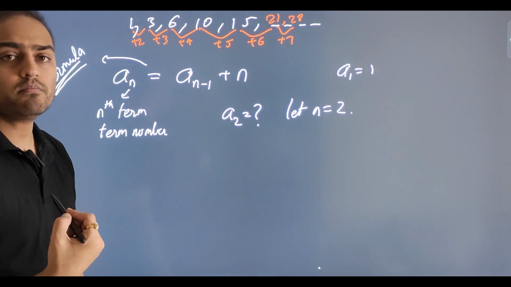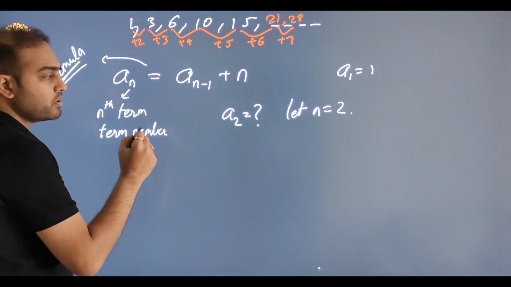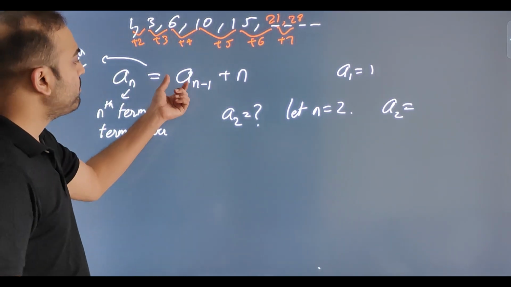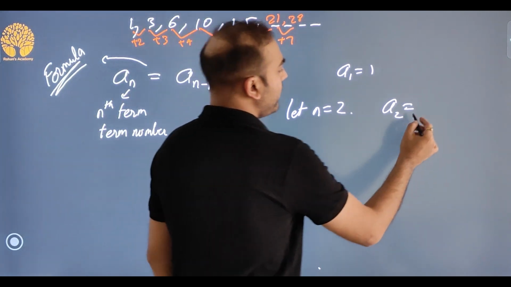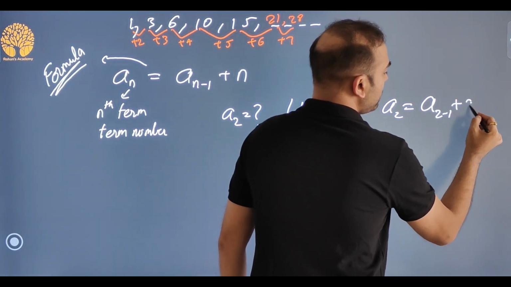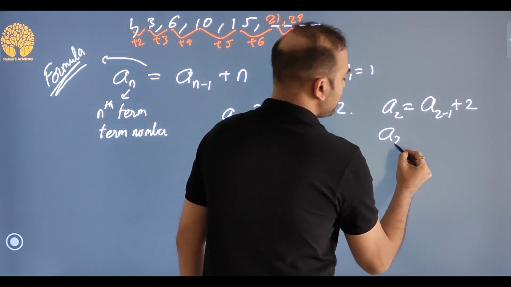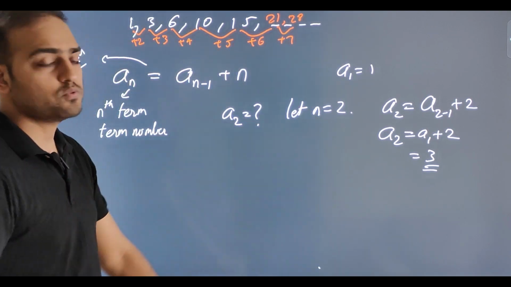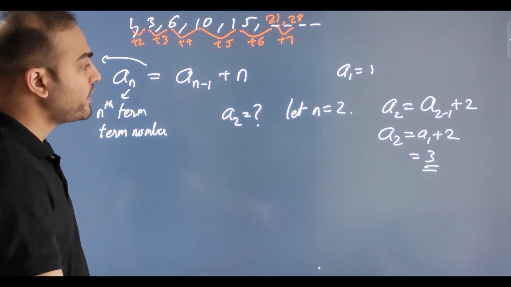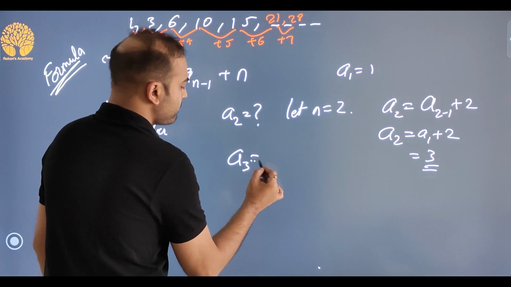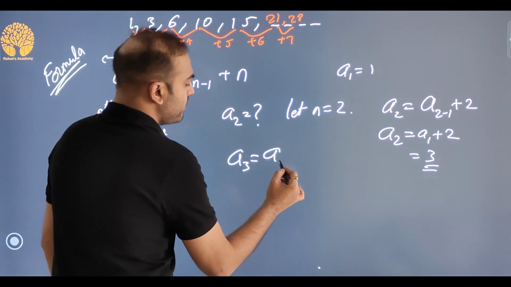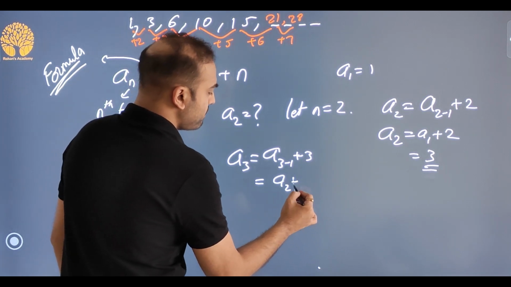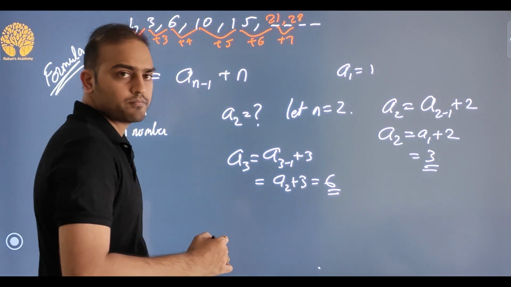So if I want the second term, a2, I put n as 2 everywhere, and we get a2 = a(2-1) + 2, which is a1 + 2, which is 3, because I know a1 is 1. Similarly, if I want to find the third term, put n as 3: a3 = a(3-1) + 3, that is a2 + 3, which is 6.